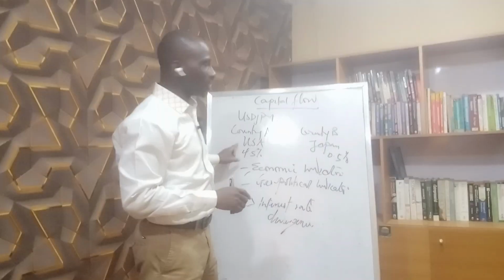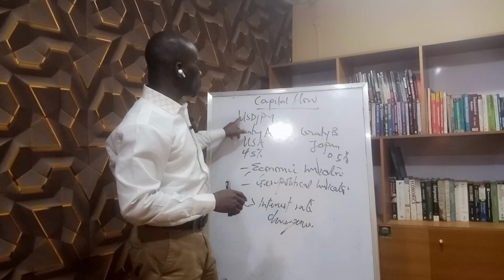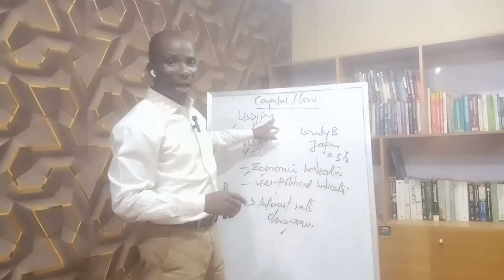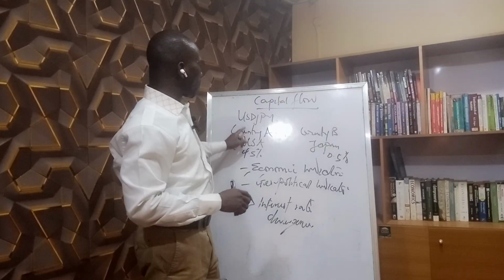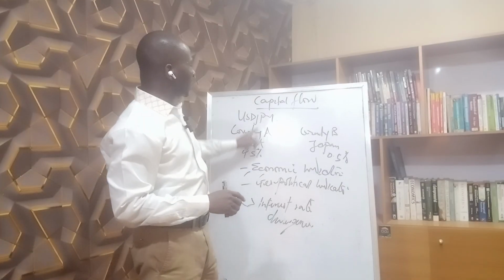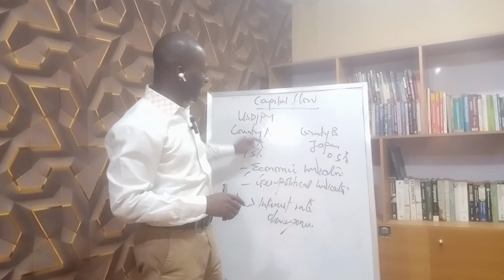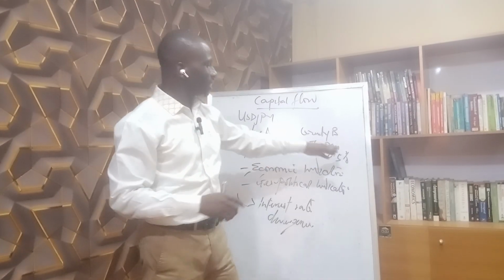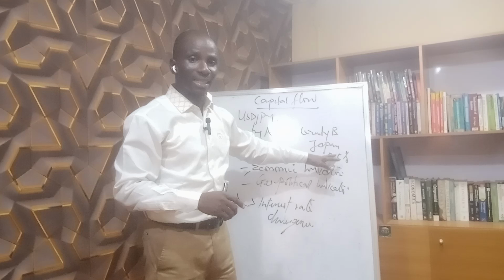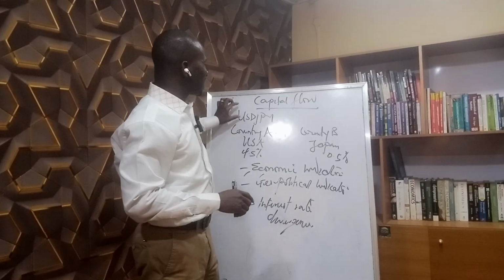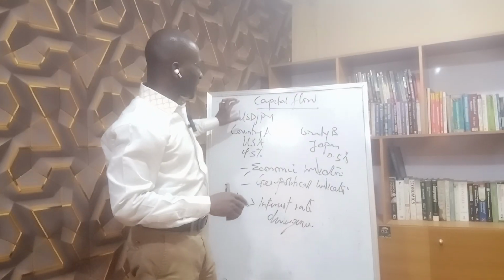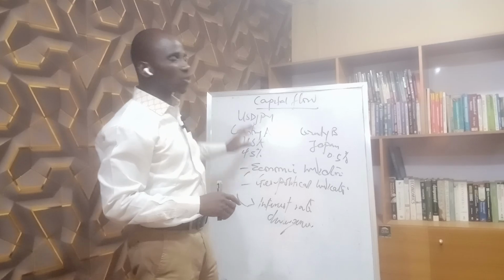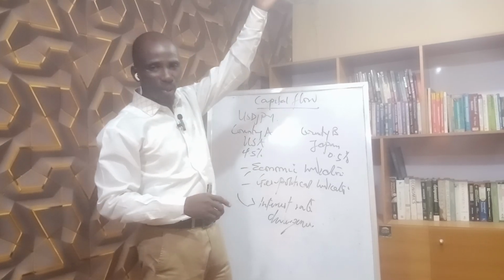In this case, because we have USD JPY, the base currency is USD, while the quote currency is JPY. The interest rate for USD is 4.5, while the interest rate for Japan is 0.5. For USD JPY, it is expected that this currency pair is going to trend nicely to the upside.